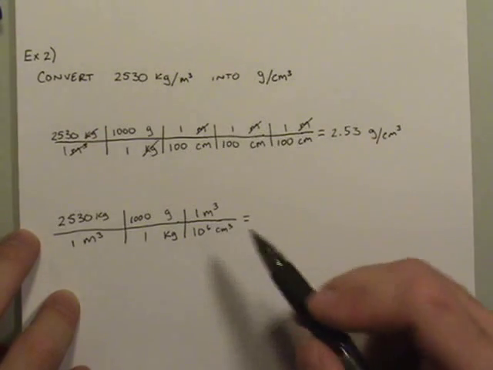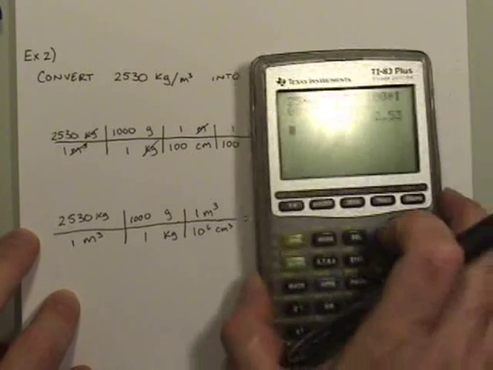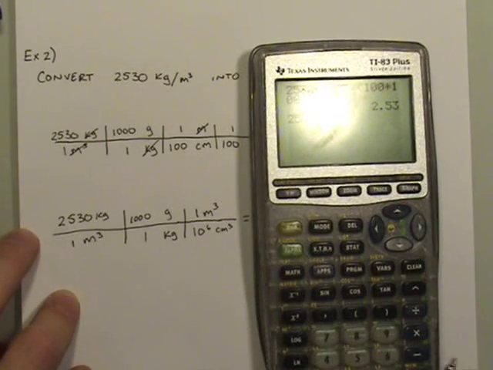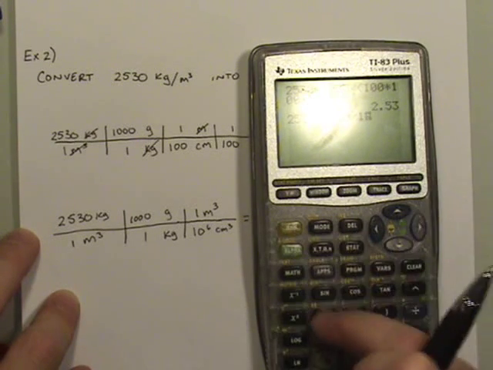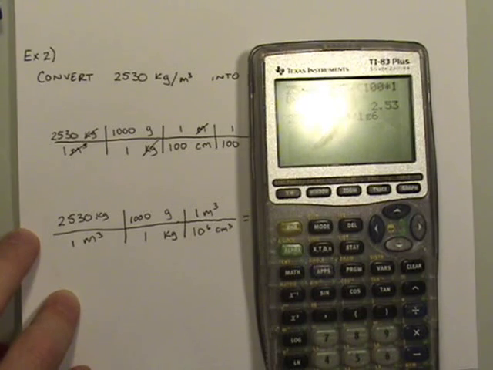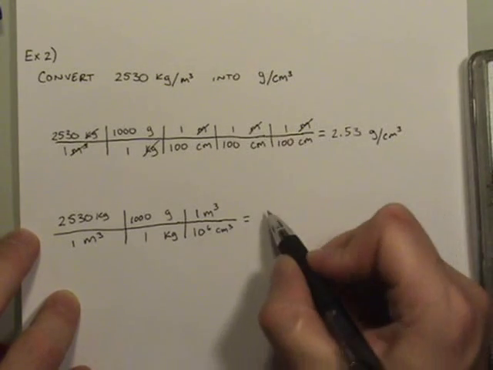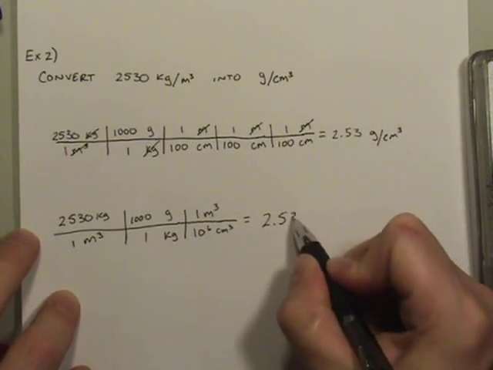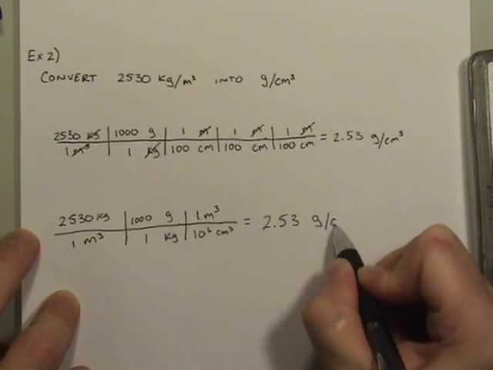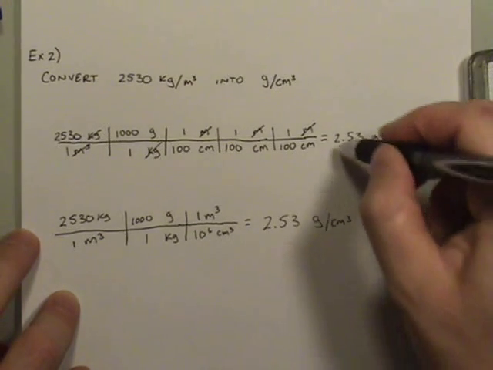When I multiply those 3, I end up with 1 million. So just as I did before, we'll do 2530 times 1000 divided by 1 million, and I still end up with the same 2.53 grams per cubic centimeter.